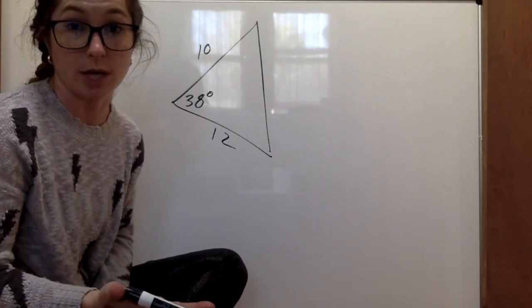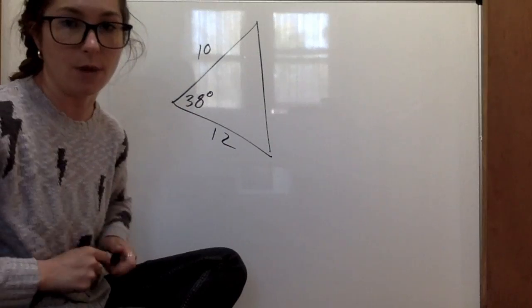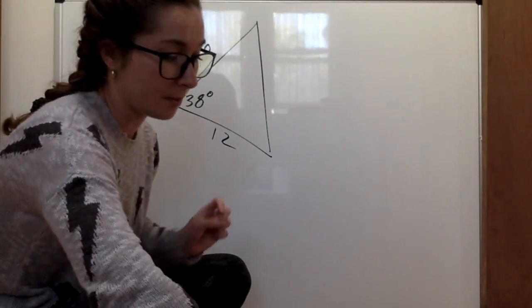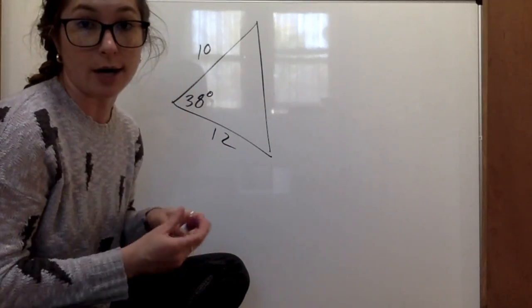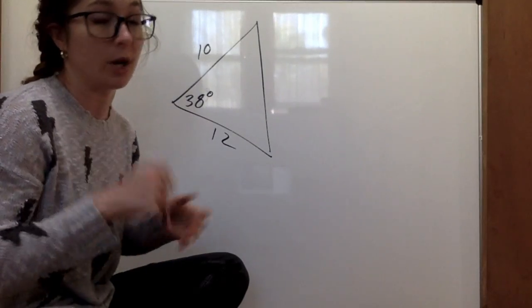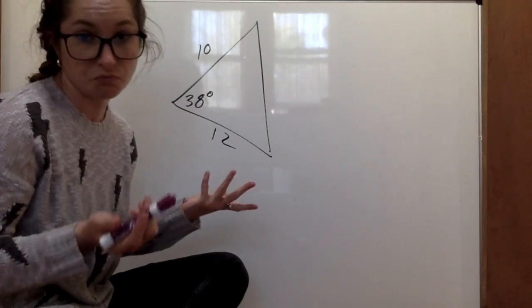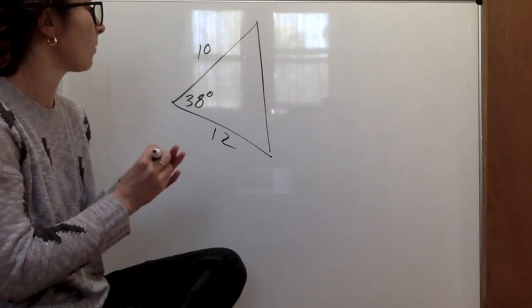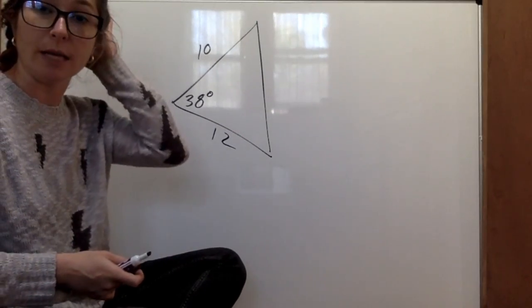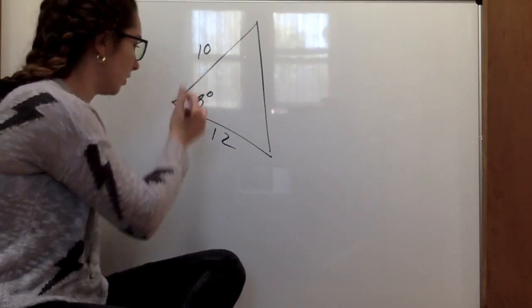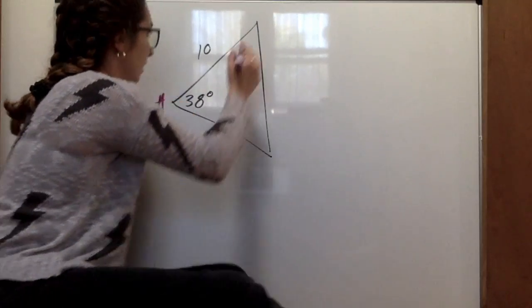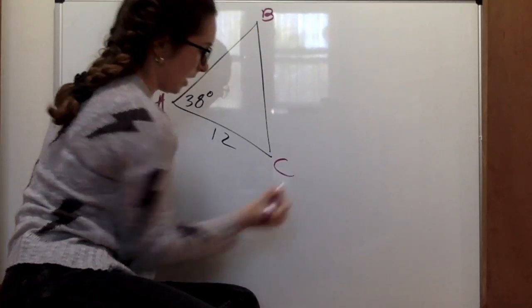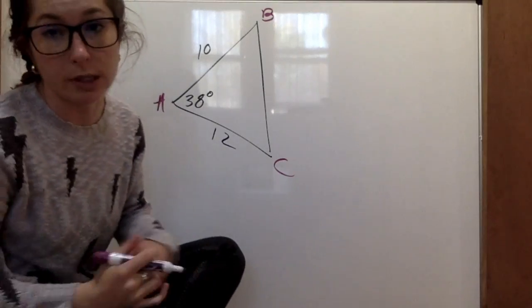This is where law of cosines comes in. Again, I'm not going to do the whole proof, but I'm going to link the Khan Academy video if you want to check out that proof for funsies. But so, again, I'm going to label my triangle. I'm going to label this as angle A, angle B, angle C. Labeling them is really important.